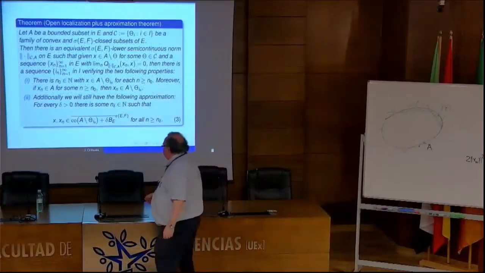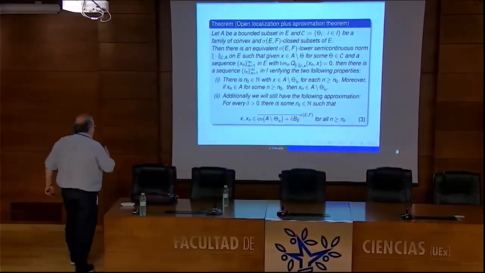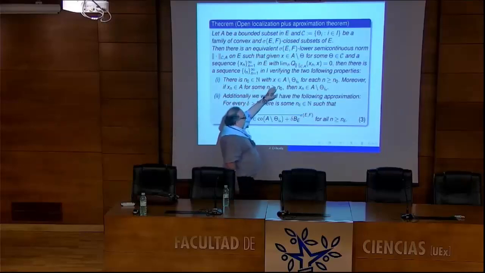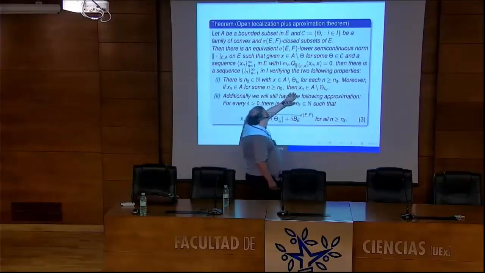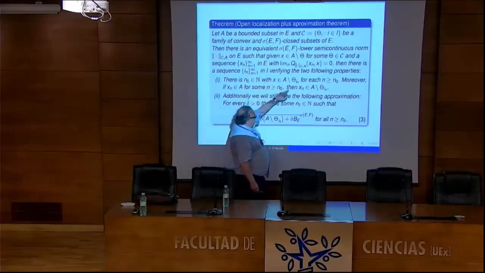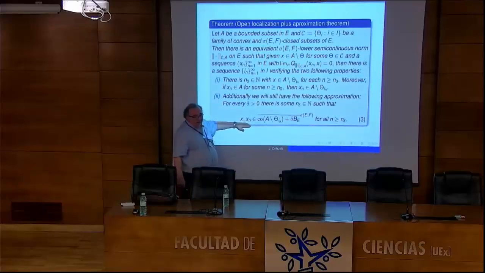Open localization and approximation. In this situation, for a given sequence that verifies the LUR condition, I have a sequence of indices in which both x and xn are, and even more. If the xn are not in A from the very beginning, it doesn't matter.